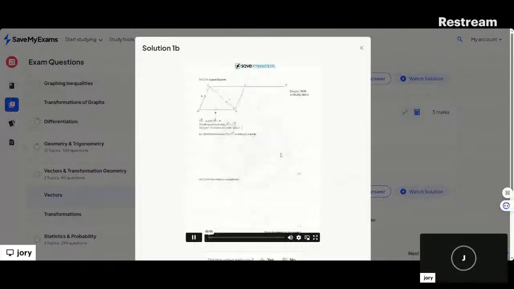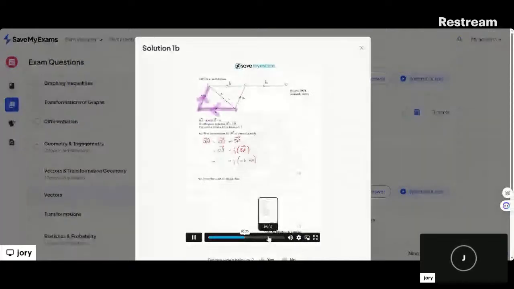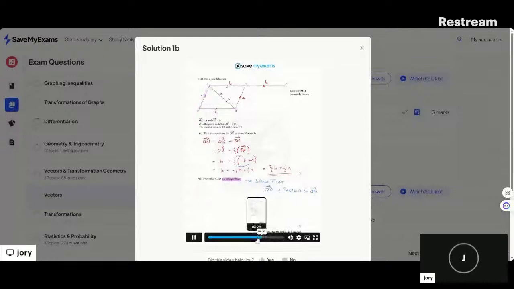Right, I hope we recognise this as a vectors question. Certainly looking down in the blurb here, OA is... D is a straight line.